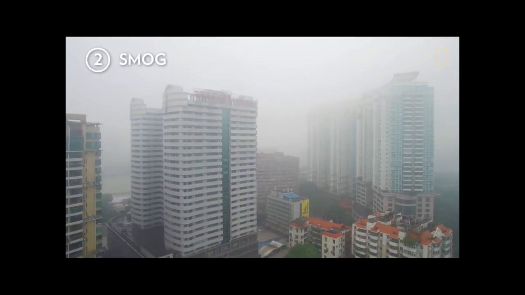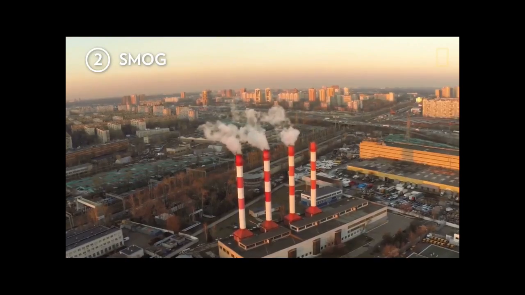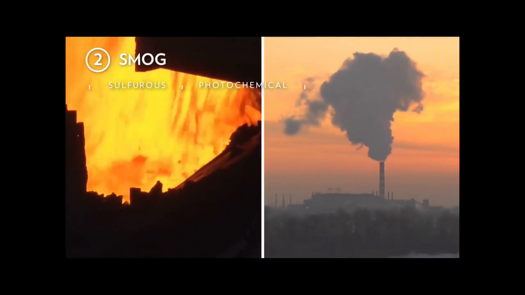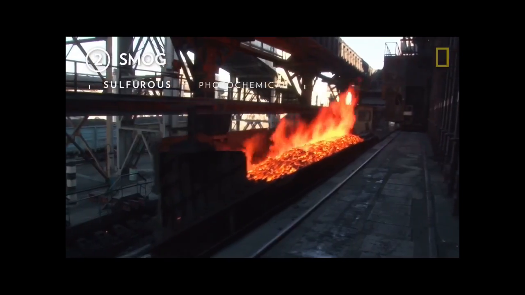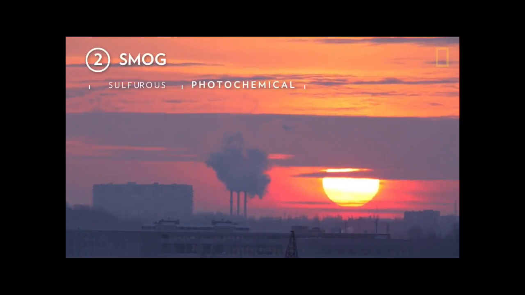Smog is a type of air pollution that reduces visibility and has serious health effects. Smog can be divided into two categories, sulfurous and photochemical. Sulfurous smog is made of chemical compounds called sulfur oxides. It occurs when burning sulfur-bearing fossil fuels such as coal.